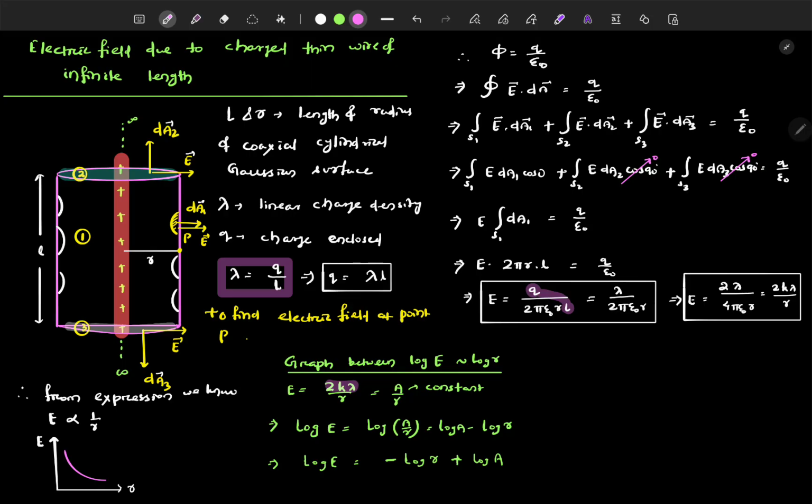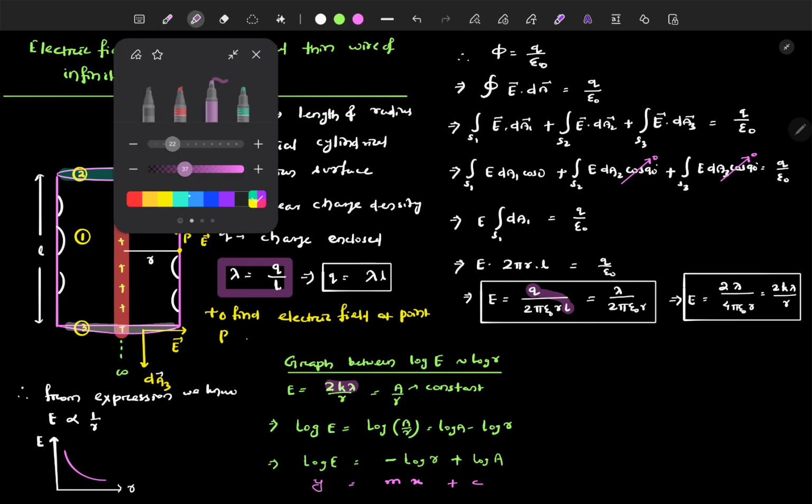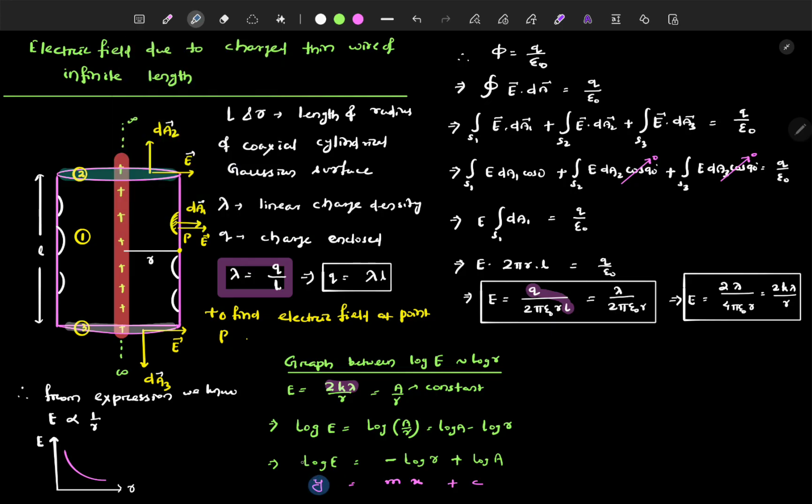And if you compare this with y equals m x plus c, along the y axis we have to take log E, along the x axis we have to take log r. In this situation the slope will be minus 1, negative, and c is the intercept whose value is log a.